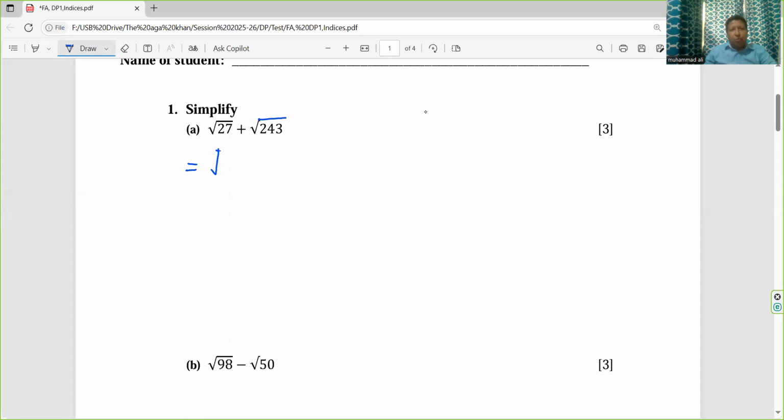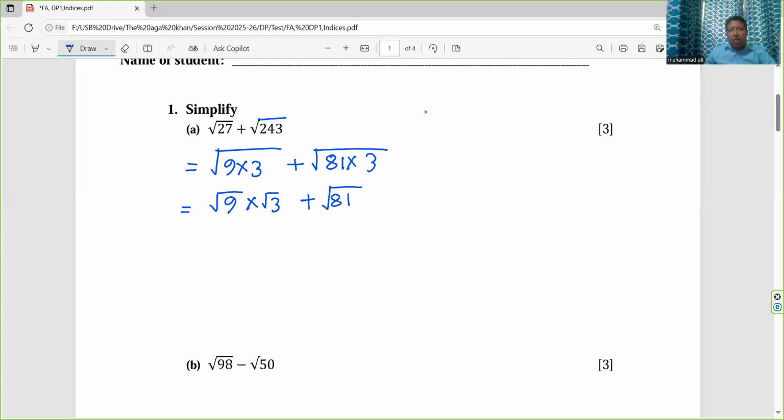So we have to write, instead of 27, 9 multiply 3 plus, instead of 243, we can write 81 multiply 3. So if we split this, we can write root over 9 multiply root over 3 plus root over 81 multiply root over 3.